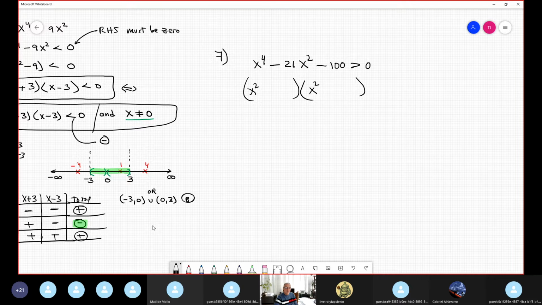And the answer is 25 and 4, because 25 times 4 is 100, and 25 minus 4 is 21. And the signs are negative and positive. Okay, super. Now here is another difference of squares, because the factorization is x plus 5, x minus 5.